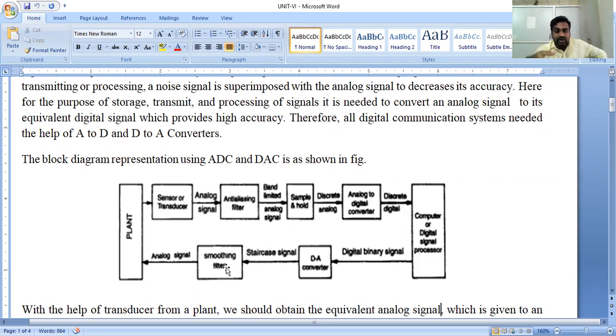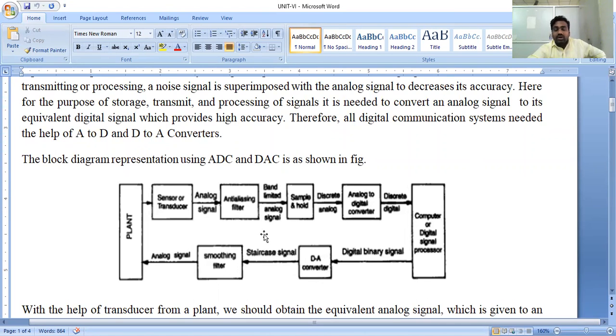Here also we have used a smoothing filter. Observe very carefully, this smoothing filter is not the anchulizing filter. The anchulizing filter is a band limit filter. The smoothing filter is used to limit the distortions or harmonics of the staircase signal.